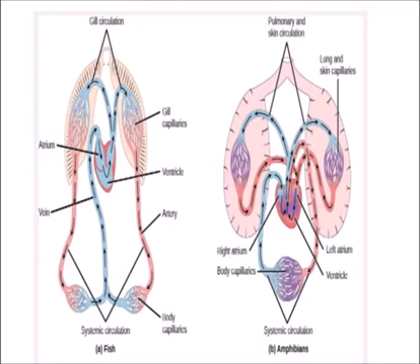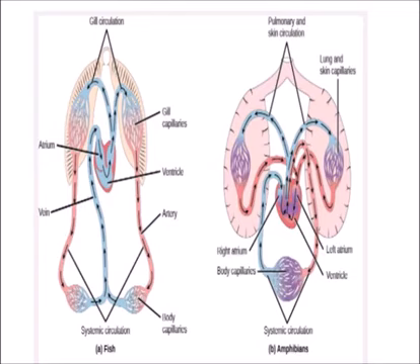The advantage of this arrangement is that high pressure in the vessels pushes blood to the lungs and body. The mixing is mitigated by a ridge within the ventricle that diverts oxygen-rich blood through the systemic circulatory system and deoxygenated blood to the pulmocutaneous circuit.